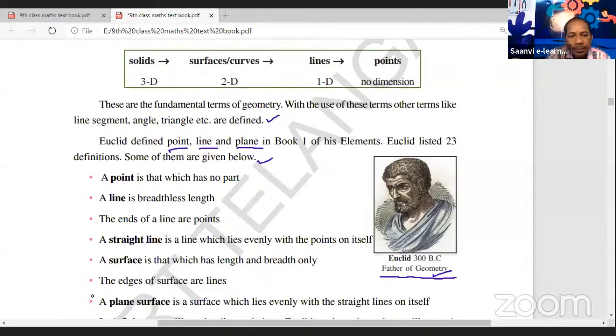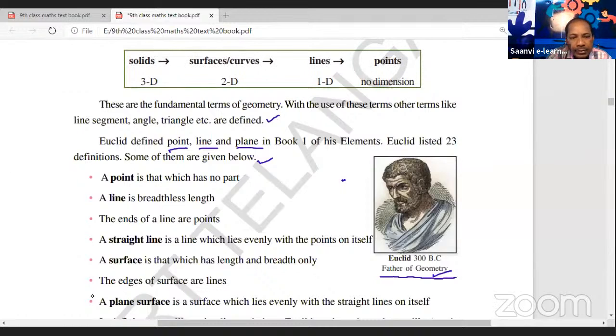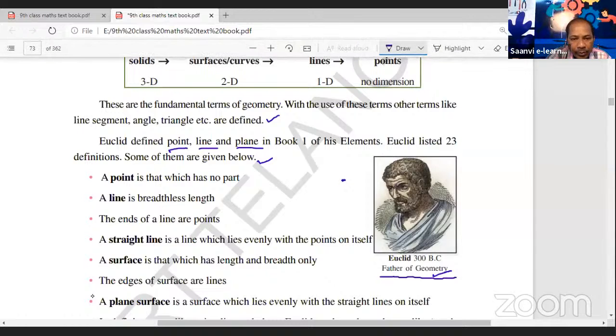Observe carefully. A point is that which has no part. Any part is not there for this point. Point means just a point only. And a line is breadthless length.